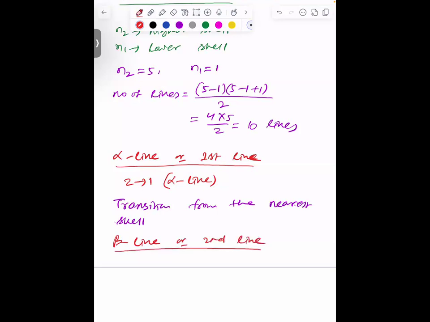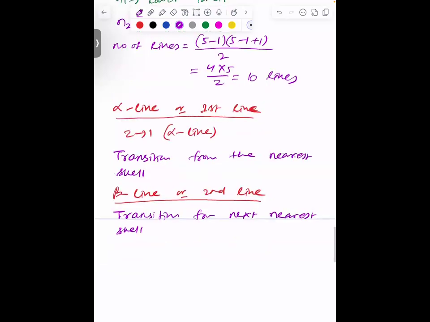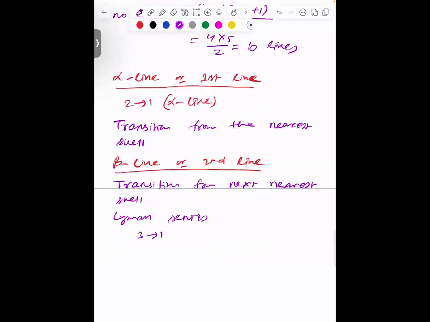A transition from the next nearest shell. In the Lyman series, beta line is 3 to 1. In Lyman series, beta line is 3 to 1.